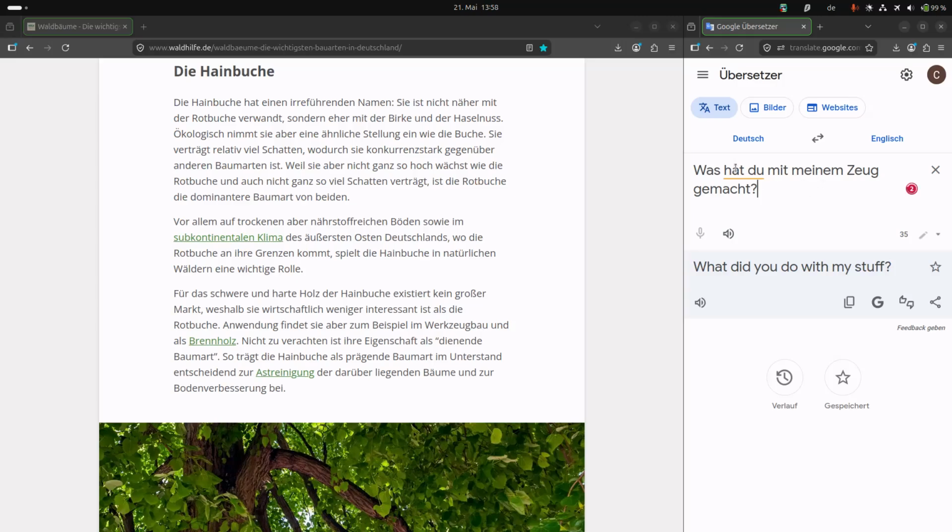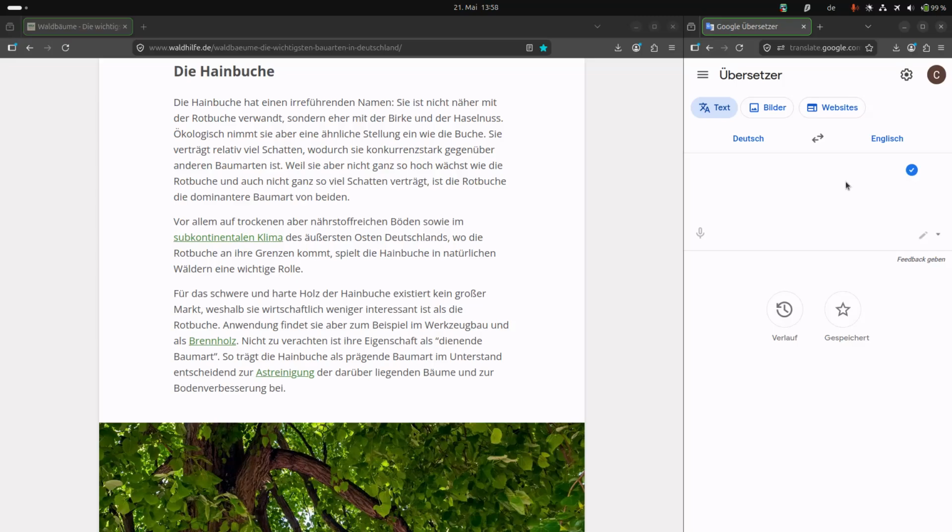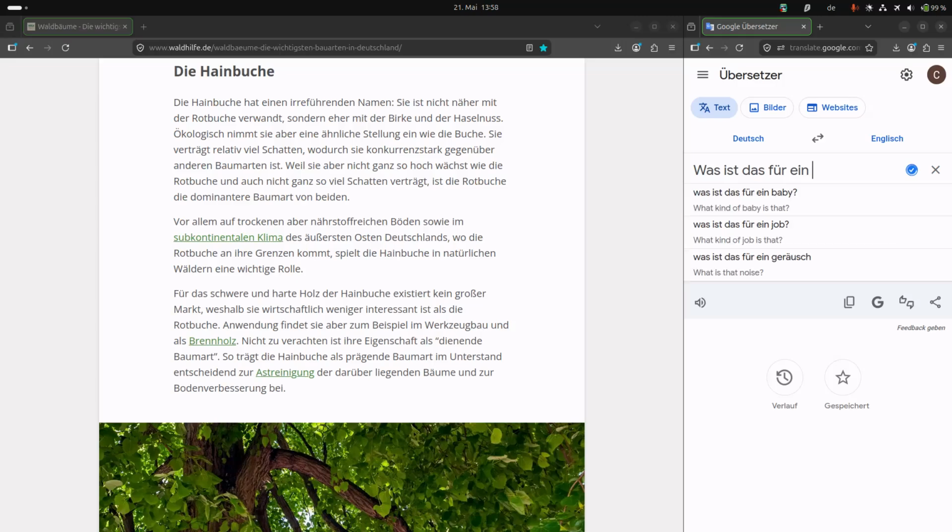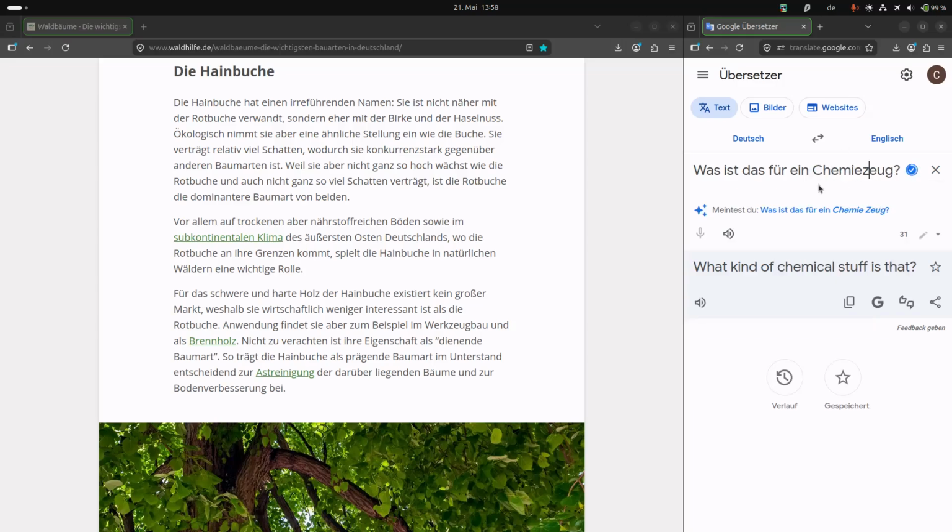Or when you see something you don't recognize, like a chemical lying on the ground which someone spilled, you might say in German, was ist das für ein Zeug? Or was ist das für ein Chemiezeug? What kind of chemical stuff is that?